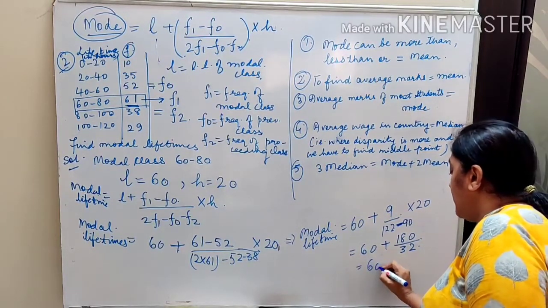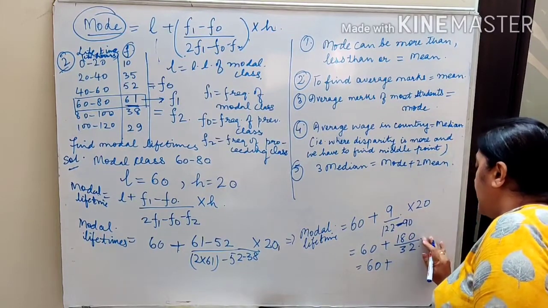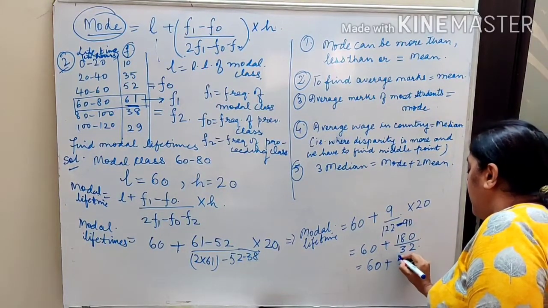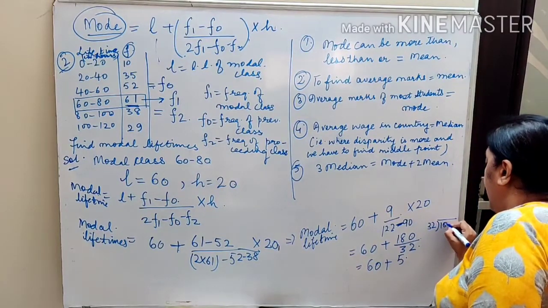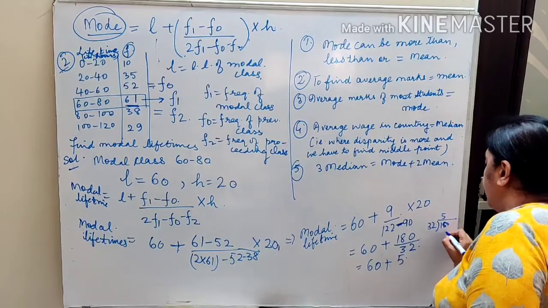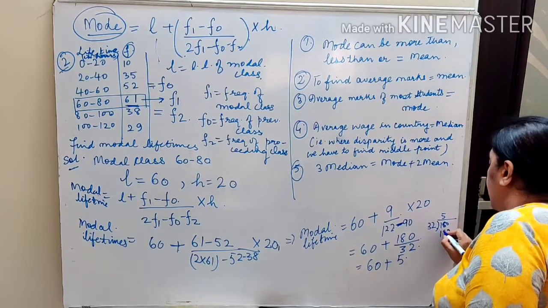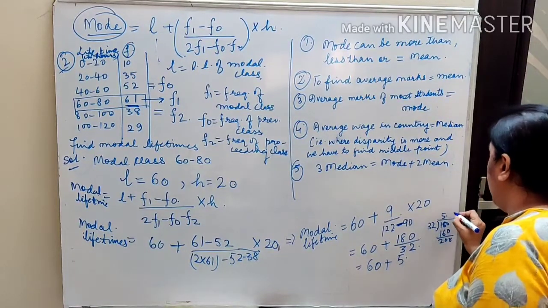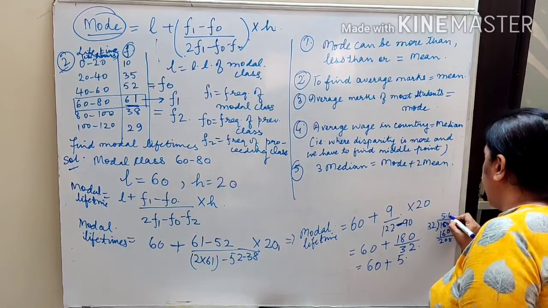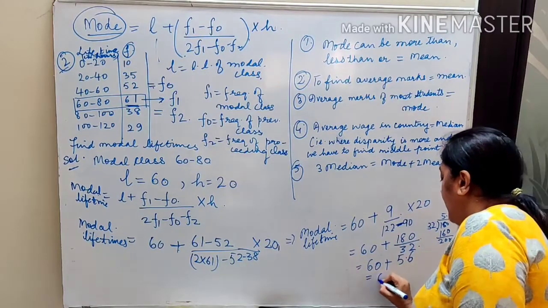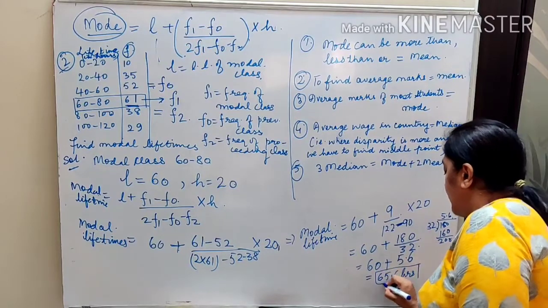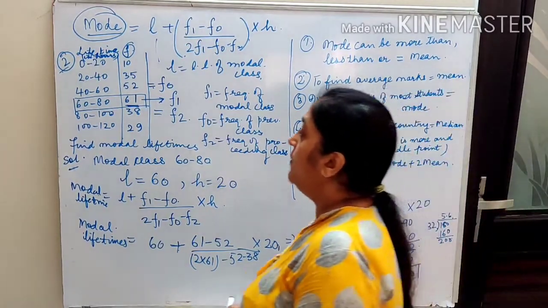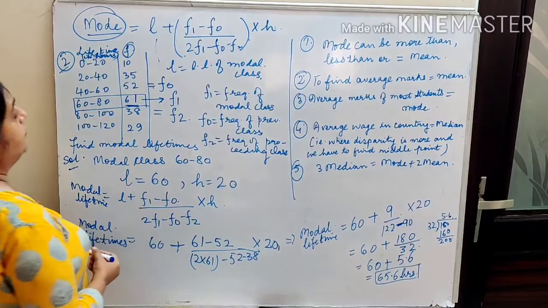So it comes out to be 60 plus approximately 5.6. So your modal lifetime is 65.6 hours. This is the modal lifetime of the bulbs.